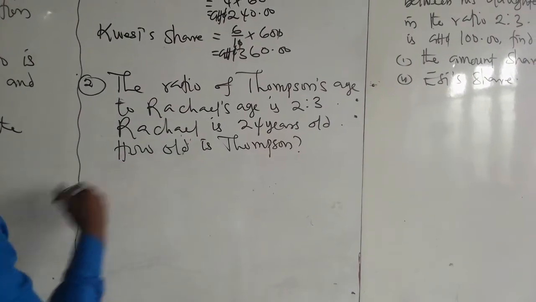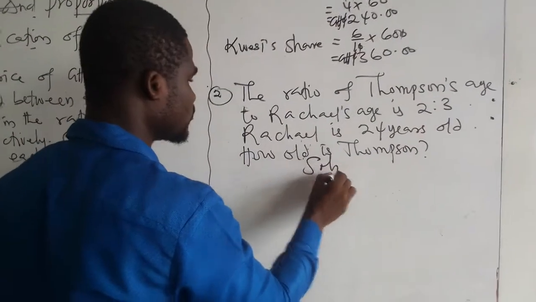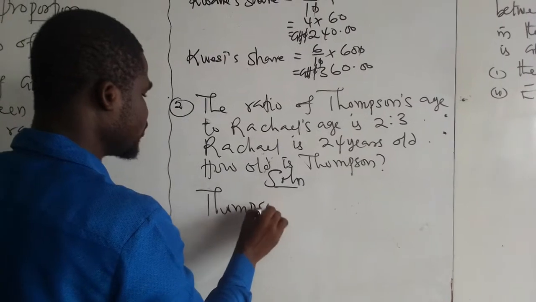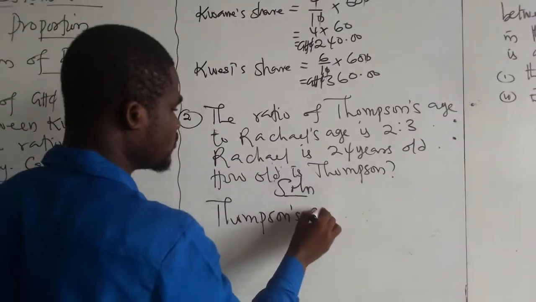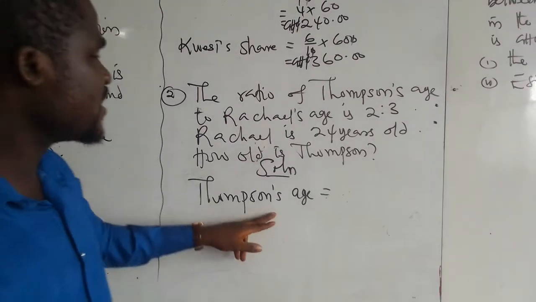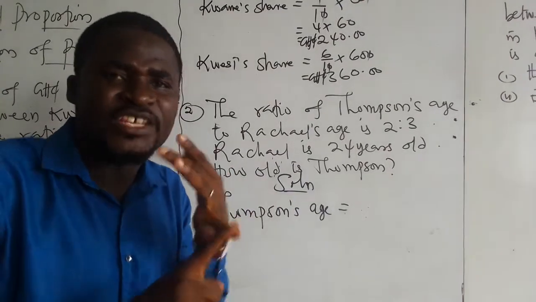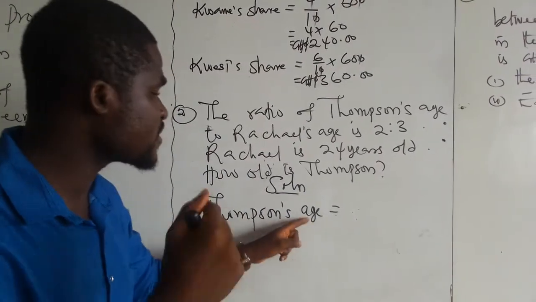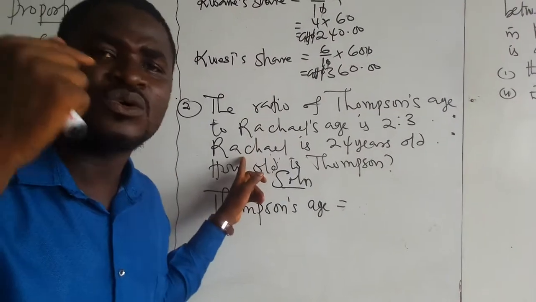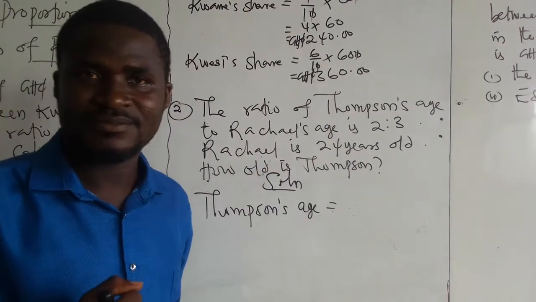So, to know Thompson's age, Thompson's age is equal to Thompson's ratio over Rahel's ratio times Rahel's age.